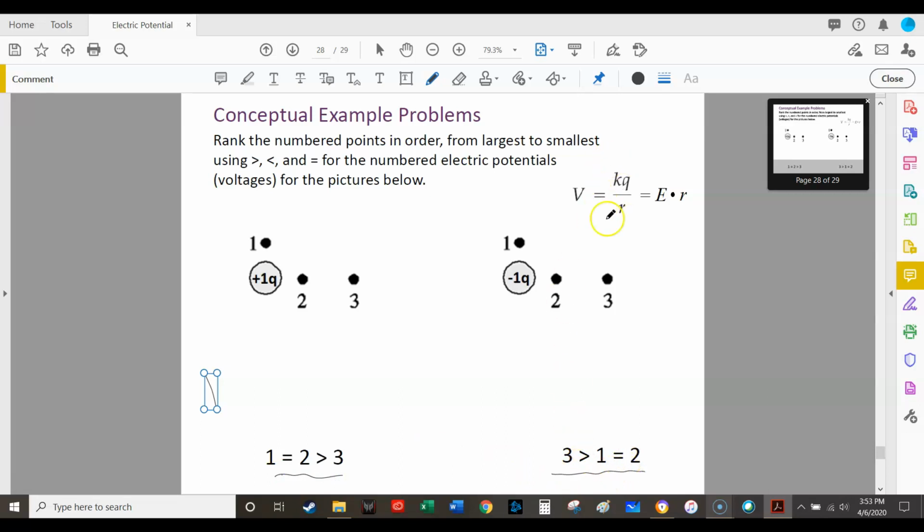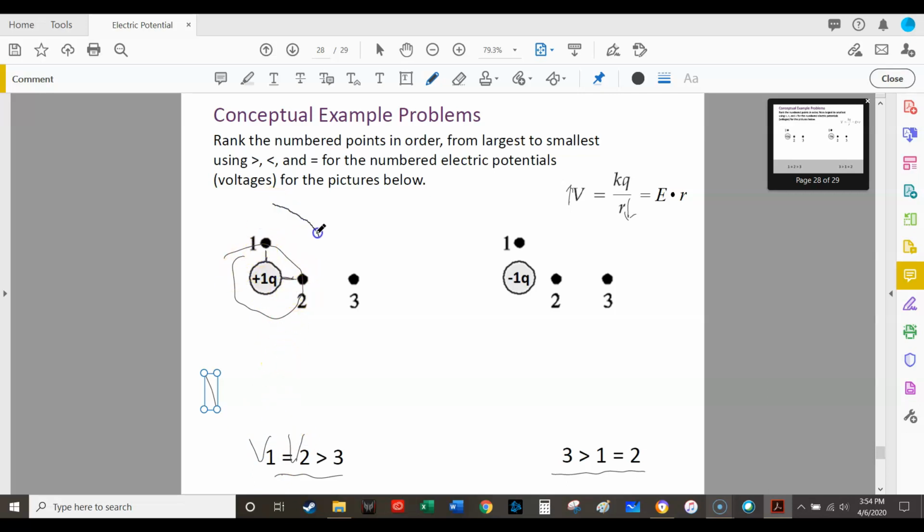We're going to use these equations to rank these from largest to smallest. Points 1 and 2 are both really close, so the voltage is going to be high, and they're the same distance from the source. So voltage 1 and voltage 2 are going to be equal to each other.